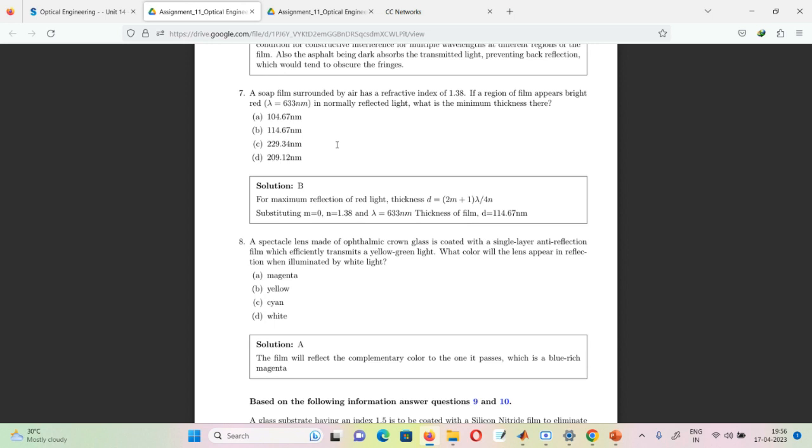Is 114.67 nanometer the only thickness which will give bright red color, or will some other thickness also give it?